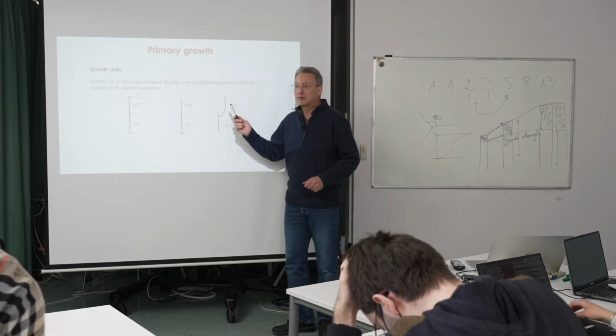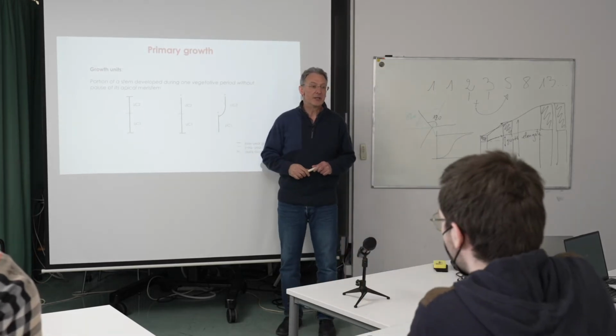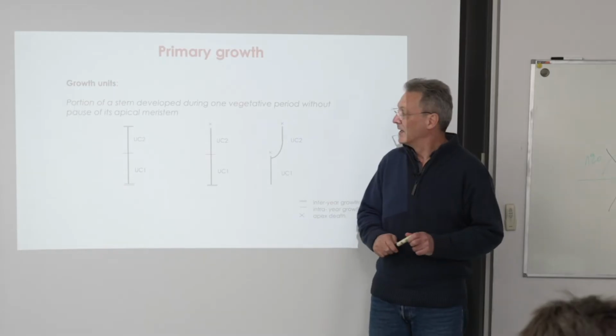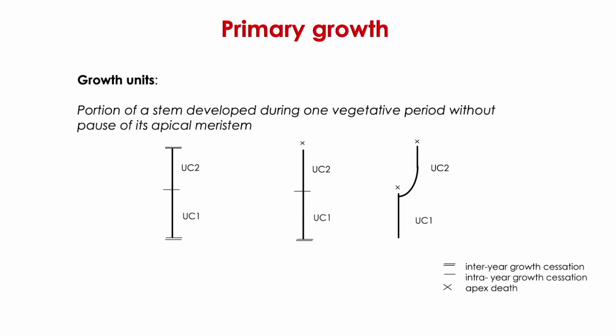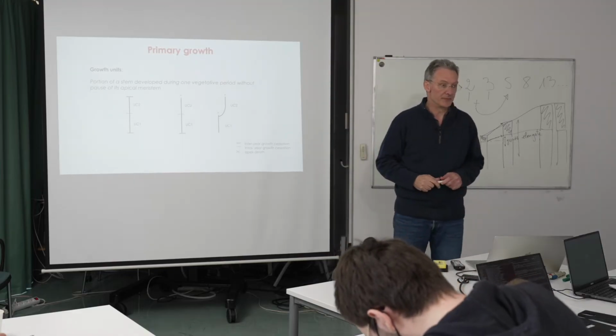During the primary growth, we have seen that there were rhythms. The meristem can accelerate and stop, or decelerate and then resume the growth, etc. This will produce what we call growth units, which are the portion of stem developed during a vegetative period without pause of the apical meristem.